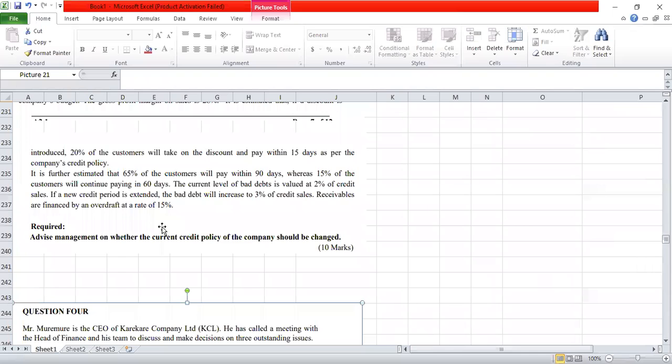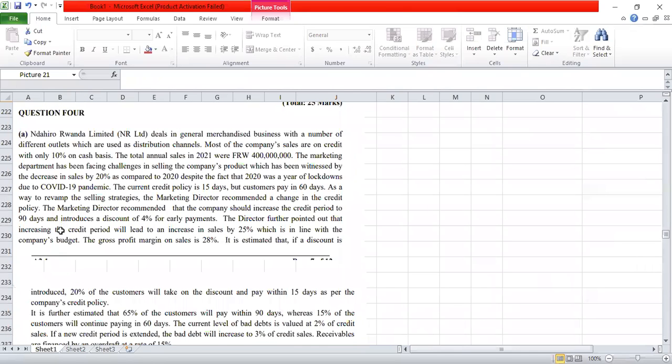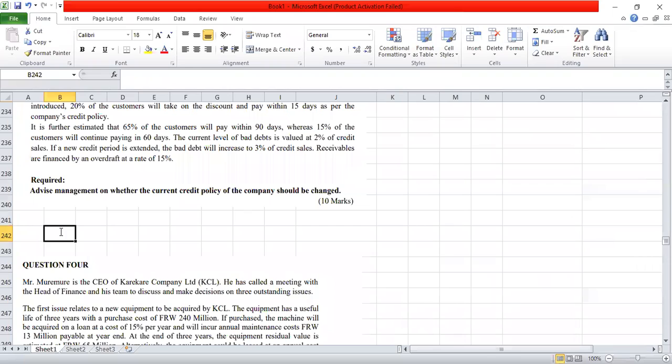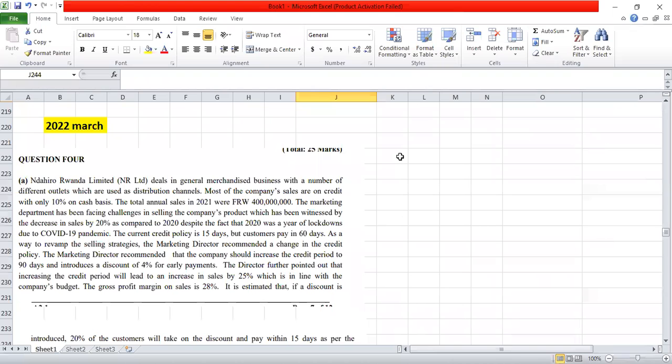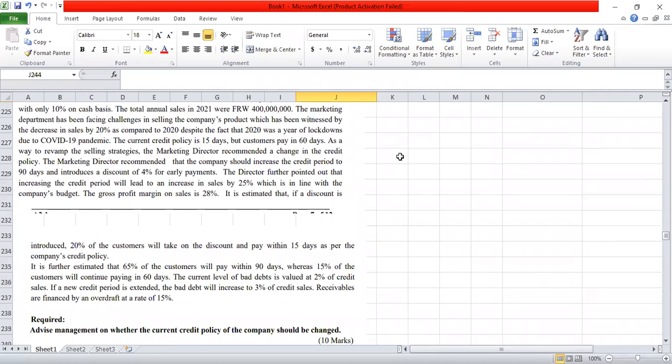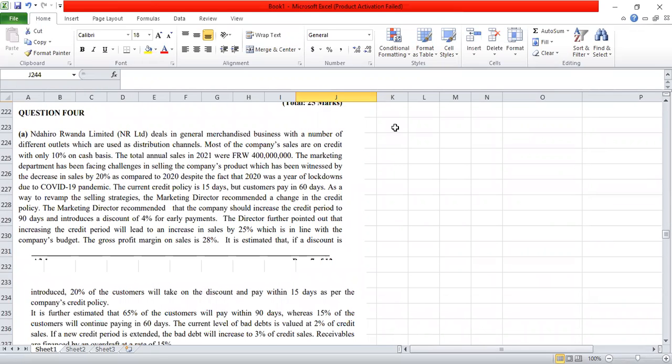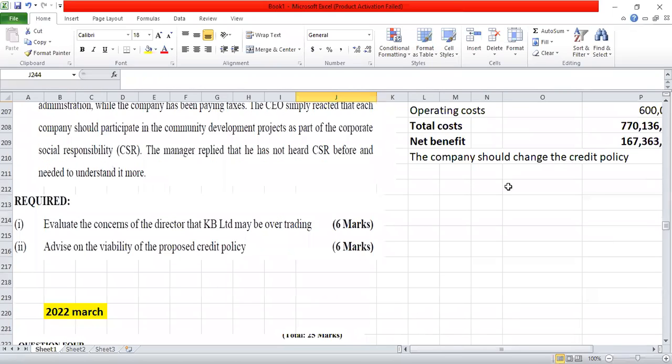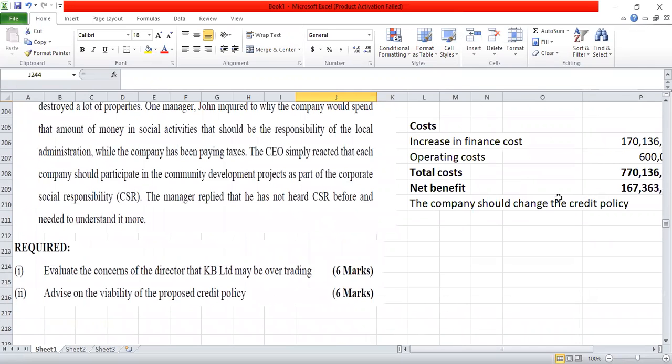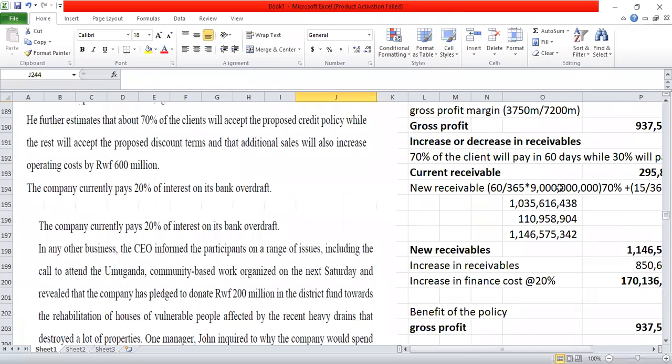This is a December 2021 question, I think. Let's look at this one again. I hope this time I should move slowly. We said the conclusion: the company should change the credit policy because it is getting a profit. Let's look at this one.